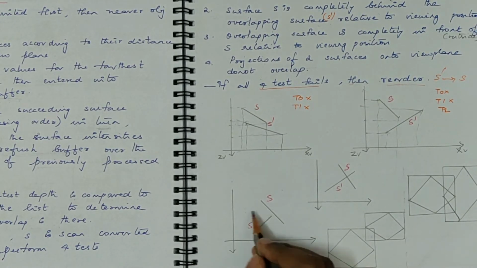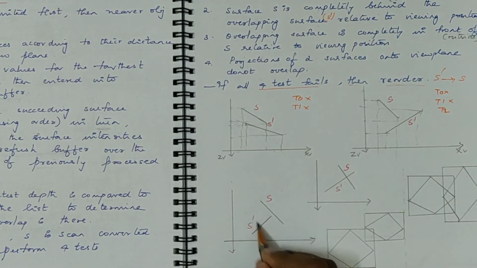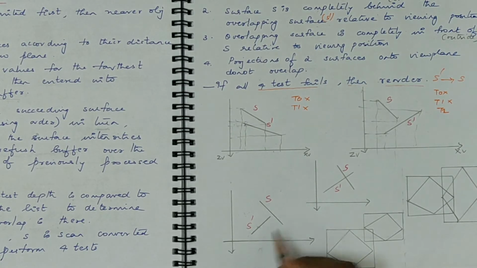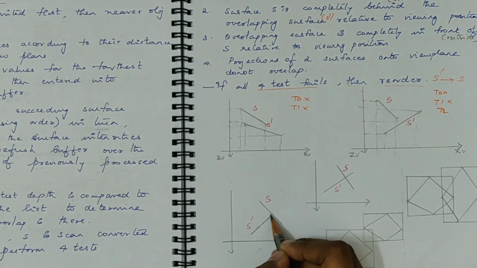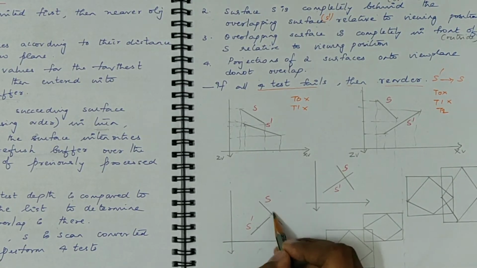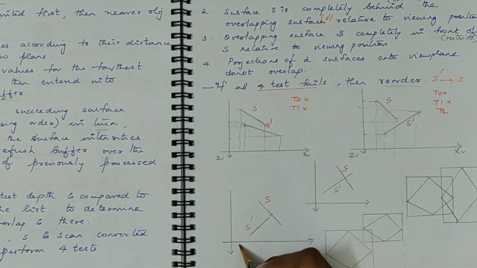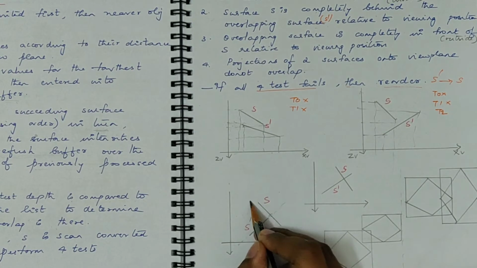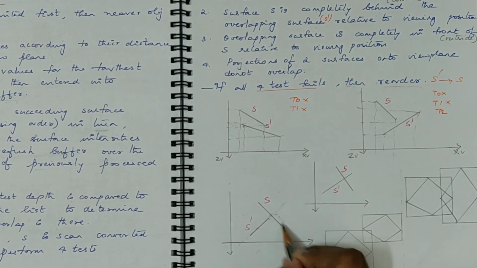All the points that come above, you call behind or inside, and all the points that come below, you call outside. Till here all these points are inside S dash only. If you extend this S, you can see that all the points till here are inside, but these points are actually outside.